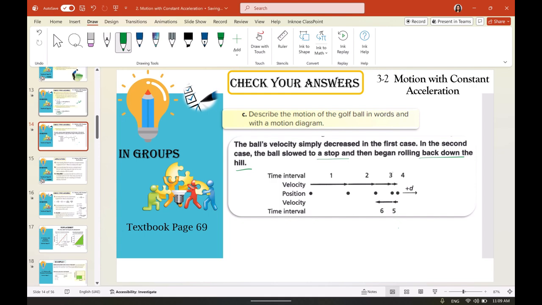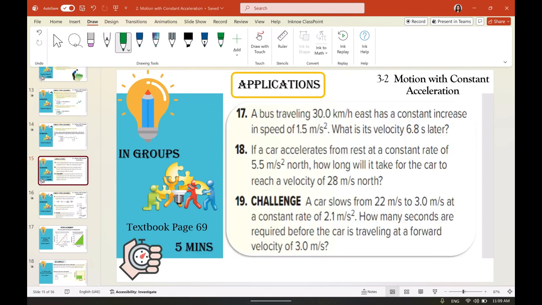So let's talk about the next question, which is the 17th one. A bus traveling 30 kilometer per hour. So remember, 30 kilometer per hour is not our unit, so you have to convert that first. Kilometer per hour, how will you change it? 1 kilometer is 1,000 meters. So 1,000 meters divided by 1 hour, which consists of how many seconds? 1 hour is 60 minutes, 1 minute is 60 seconds.